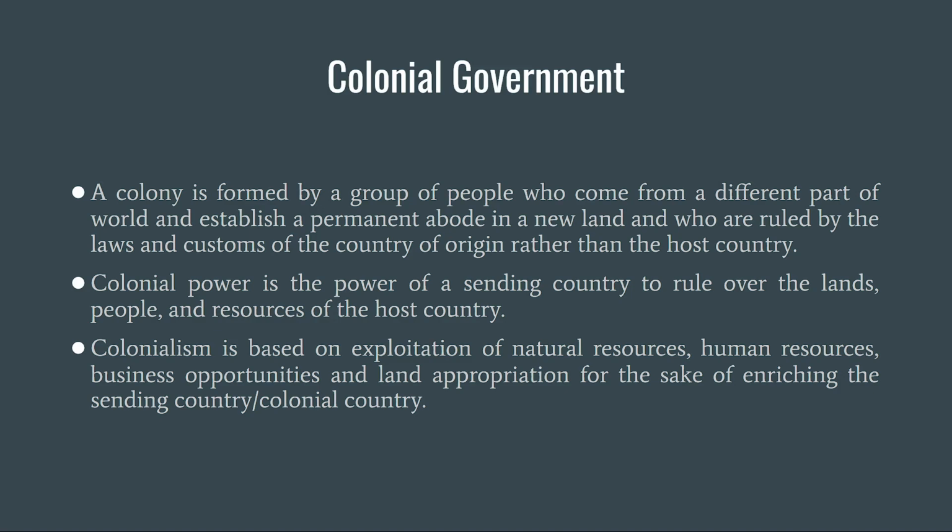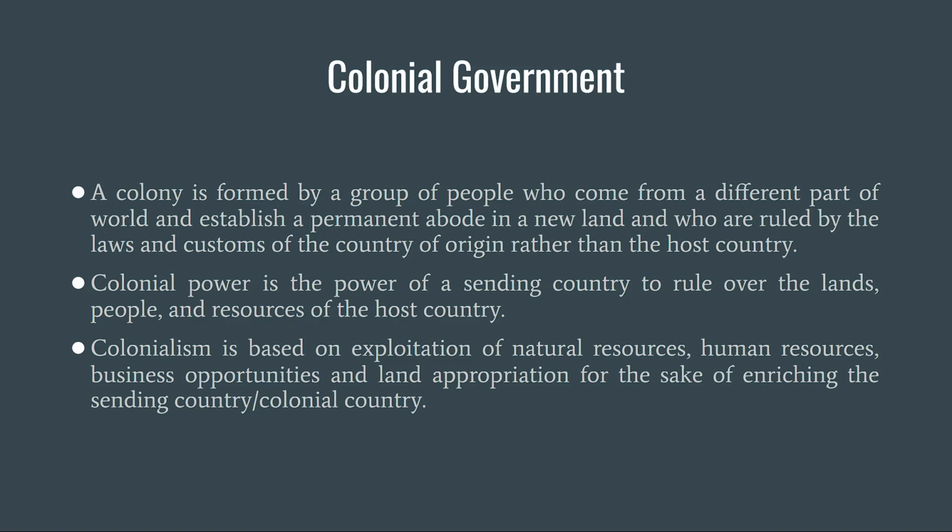So the Europeans actually claimed the lands they stepped on and created colonies, created some forms of government that resemble their country of origin. So that is how the colonial government got established, and that is how it grew.